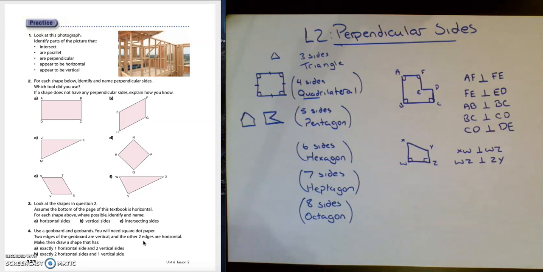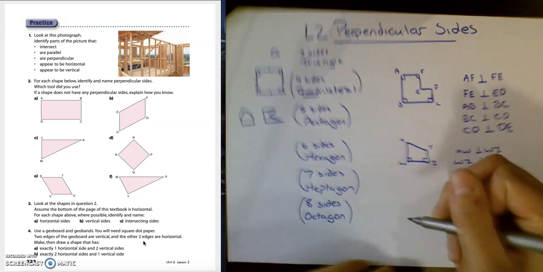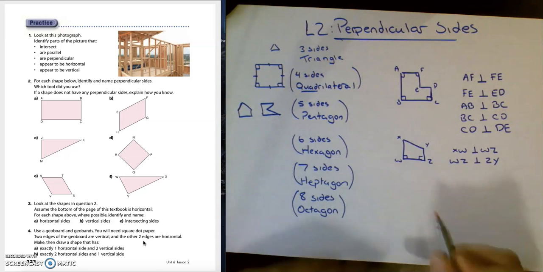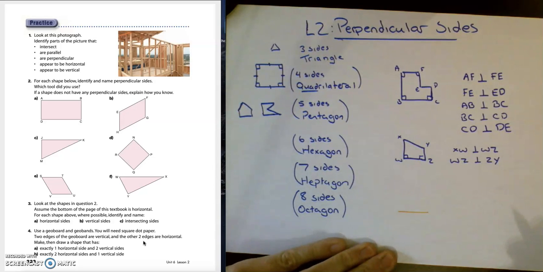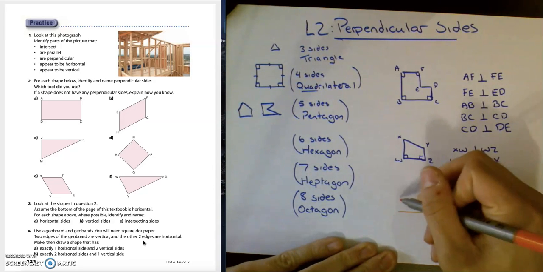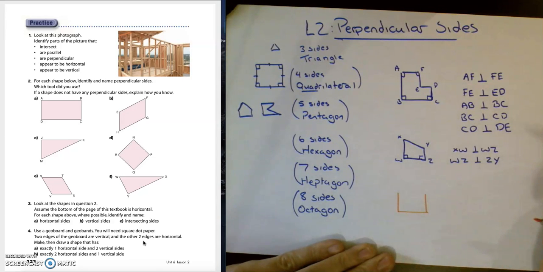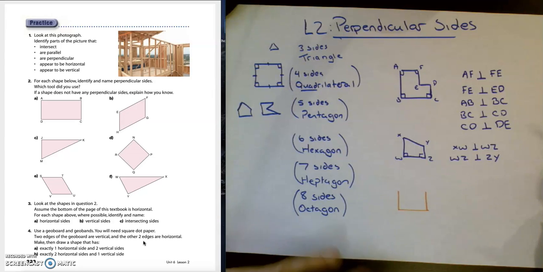I'm going to start that, and then you can figure out the rest. I'm going to use a different color, orange here. If I draw a horizontal line, and then 2 vertical sides, I can draw more sides, but I can't draw any more horizontal and I can't draw any more vertical.